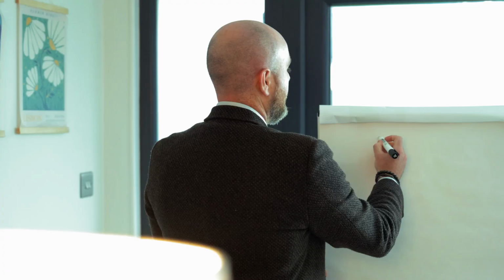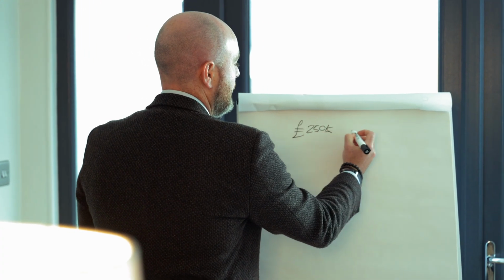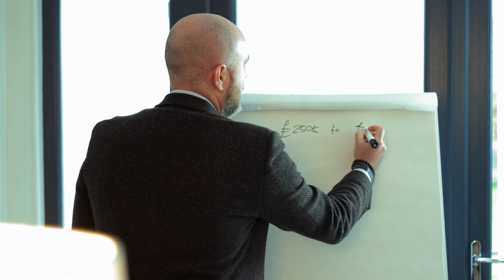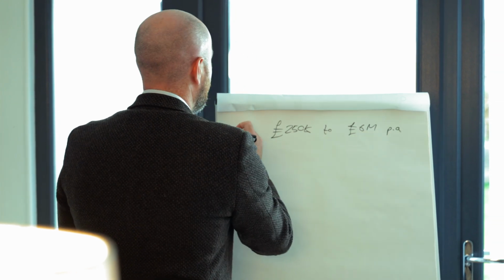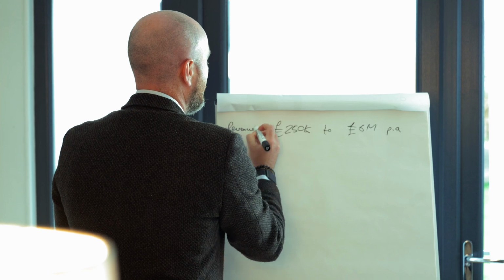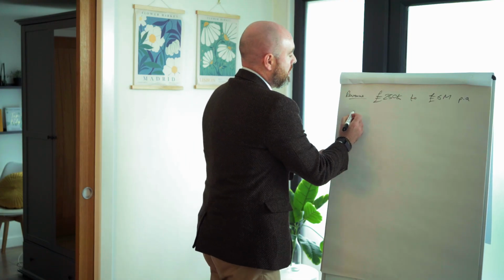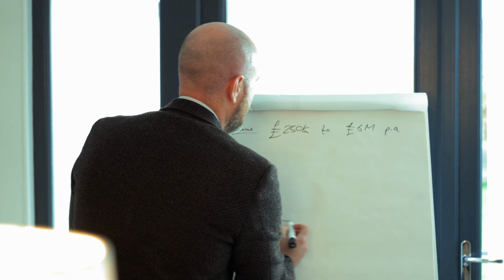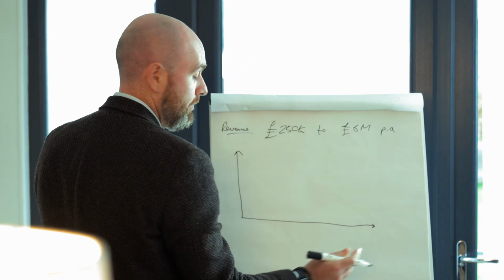So what I've observed is for businesses that are doing anywhere between about 250k right up to 6 million per annum, and this is sort of like revenue or turnover, whatever metrics they want to use, you can usually do a couple of plots. Now, the first one is a really simple plot.